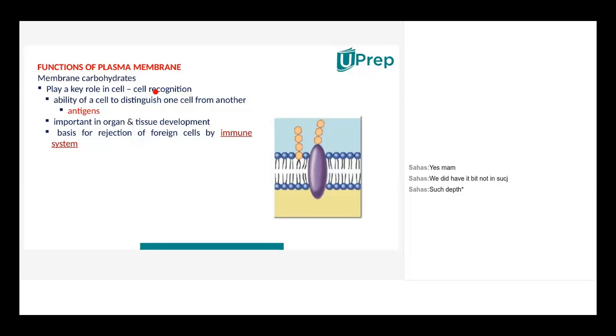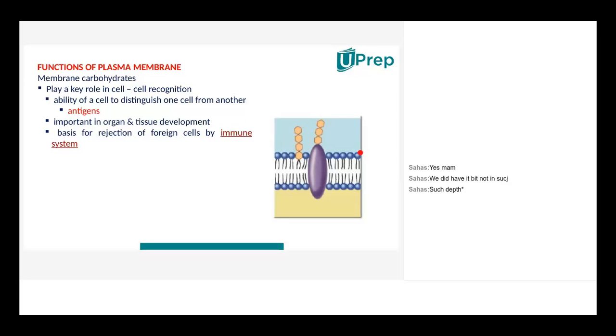See here, when you take the lipid bilayer, the same one as I explained in the structure, this is the lipid bilayer. Okay, now in the lipid bilayer you are having protein called integral protein, and above the integral proteins you will be having some carbohydrates in the form of glycolipid or glycoprotein.